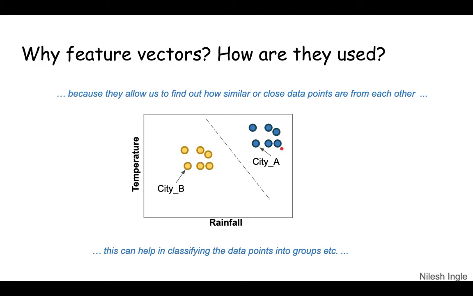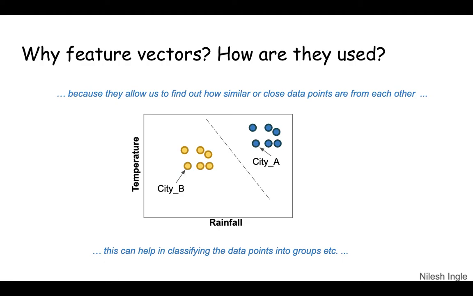What these features allow us to calculate mathematically is how close they are, how similar they are, and that helps us classify these data points into separate groups.